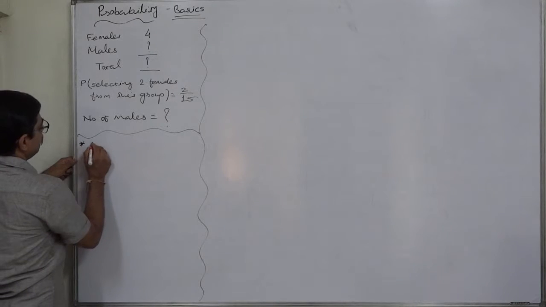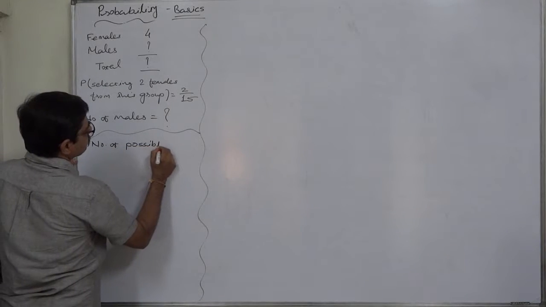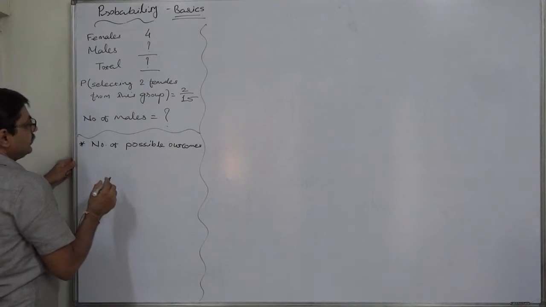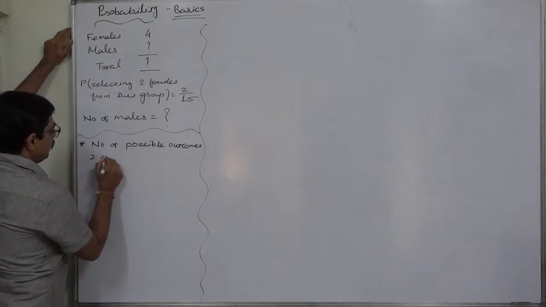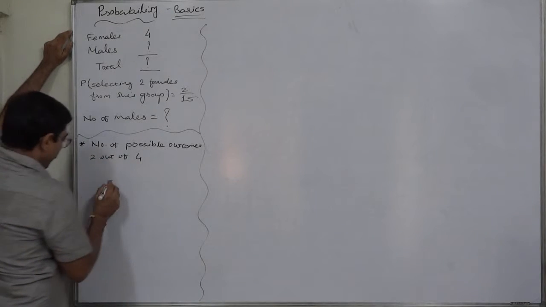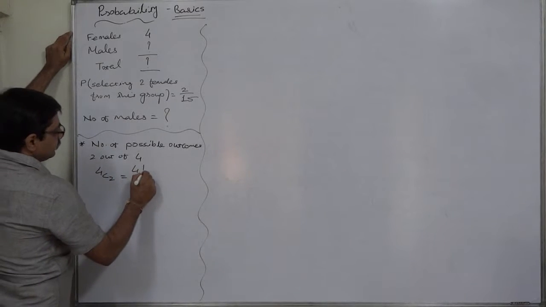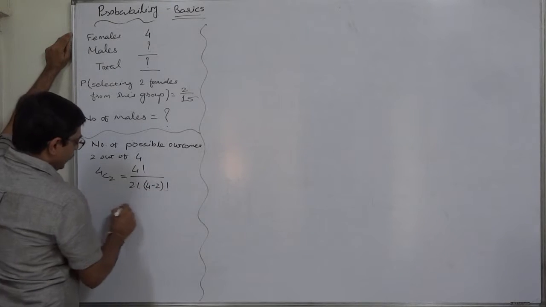So, number of favorable outcomes. That is 2 females out of 4 can be drawn in 4C2 ways. That is 4 factorial upon 2 factorial into 4 minus 2 factorial.